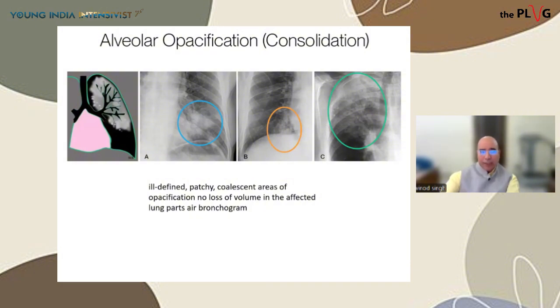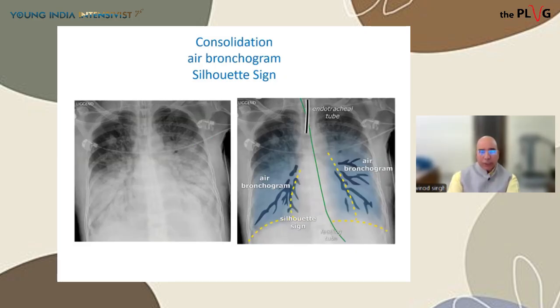So you can have different types of manifestations in consolidation, but always try to find out the air bronchogram, and always try to determine whether there is volume loss or not. Again, you can see bilateral consolidation with beautifully detected air bronchogram. This is a typical bilateral pneumonia. If you find such an X-ray, there is a bilateral pneumonia causing consolidation. You can also find the silhouette sign here.